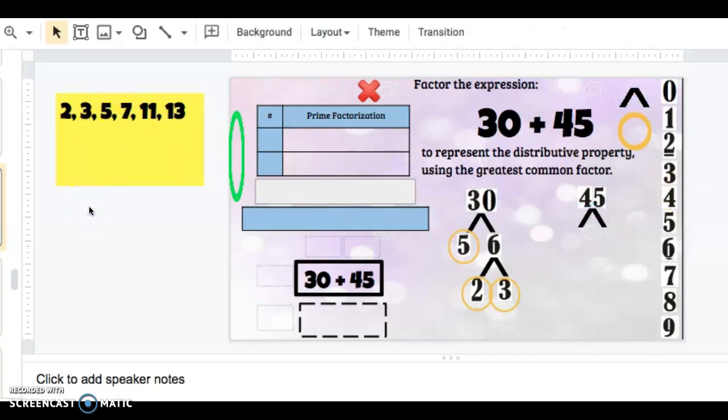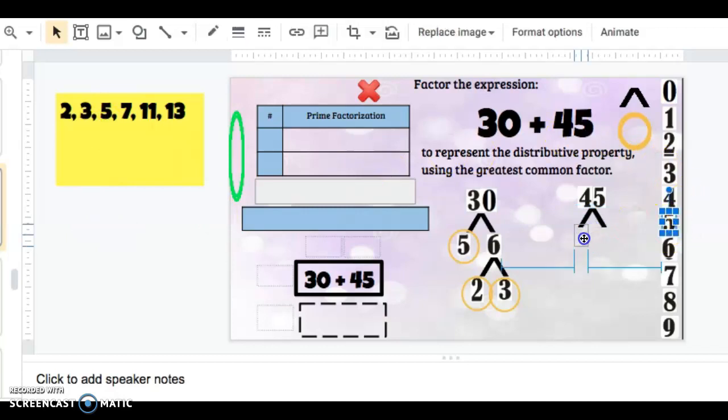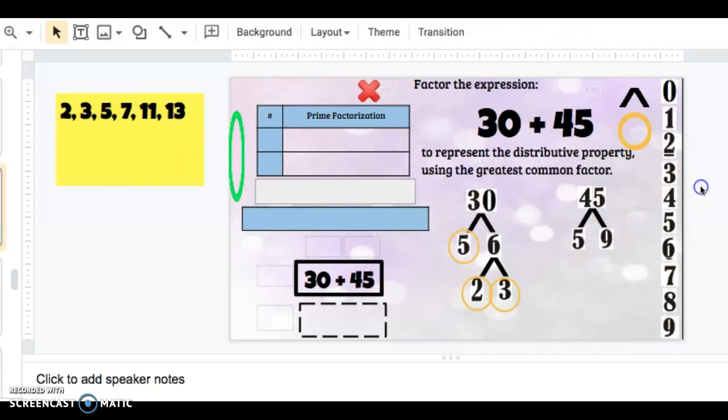Well, I know 5 goes into 45. And then I'm thinking 5 times what? If I count by 5s, I get 9. So 5 times 9, and 5 is over here, so I can circle 5.